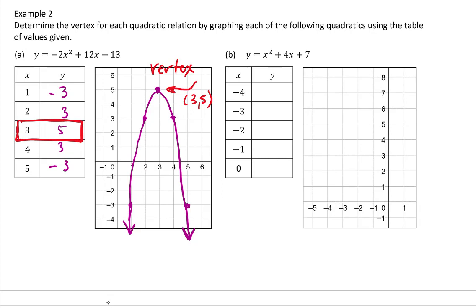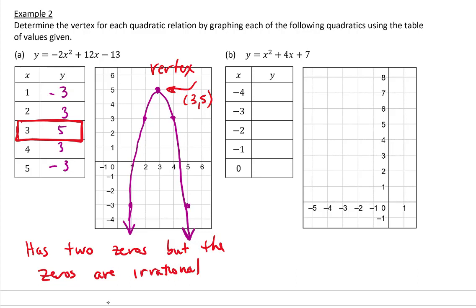They are zeros that cannot be expressed as a fraction or an integer value. So this is why it's not factorable.